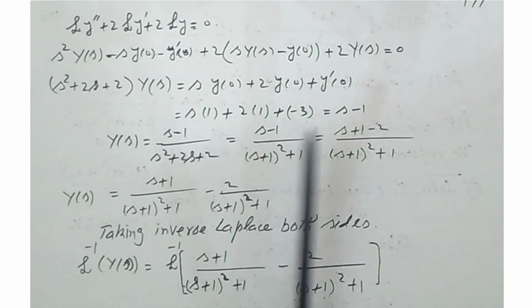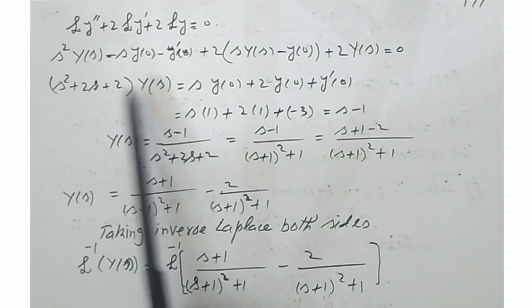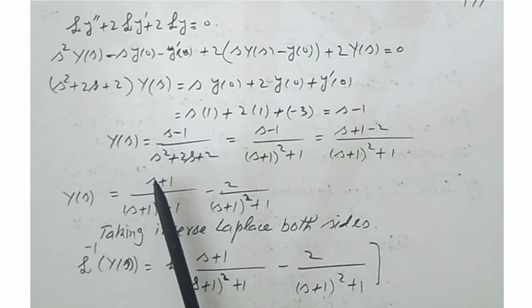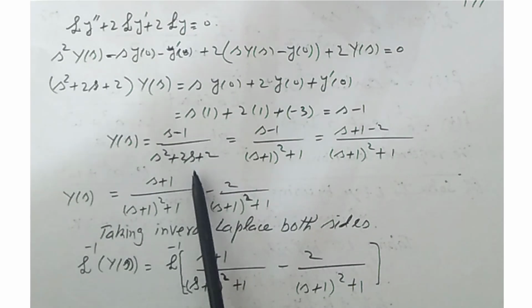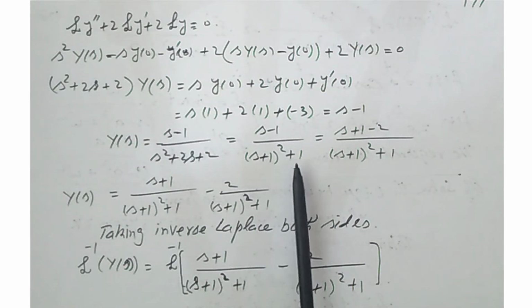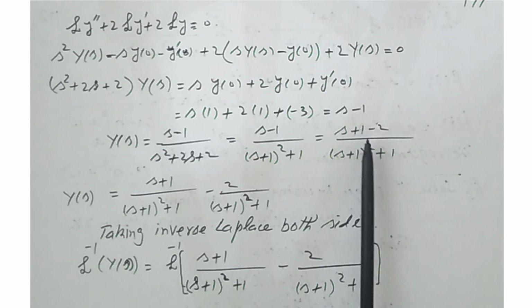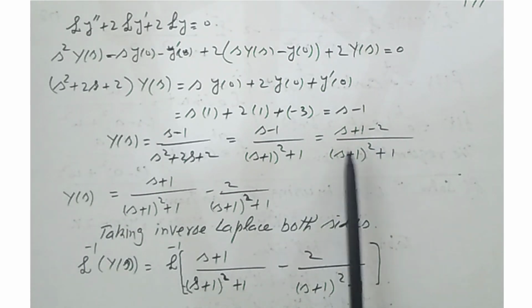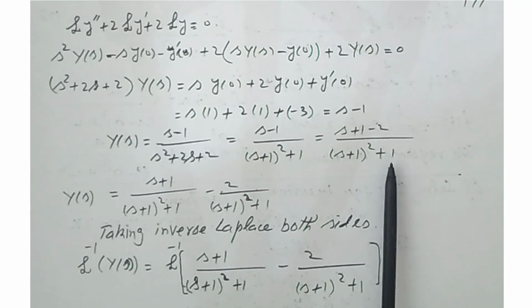Now Y(s) = (s - 1) divided by this term on both sides, (s² + 2s + 2), which is equal to (s - 1) / ((s + 1)² + 1), which is equal to (s + 1 - 2) / ((s + 1)² + 1).